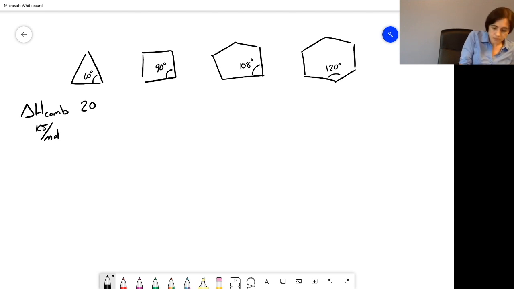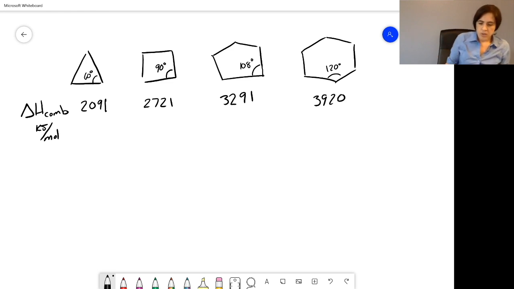Always keep your units. 1091, 2721, 3291, and 3920. All right, so you can see that these are increasing, but so are the number of carbons in our system. So we can't directly compare the heats of combustion of systems that have different numbers of atoms and electrons.